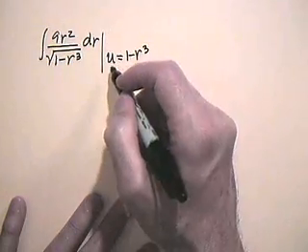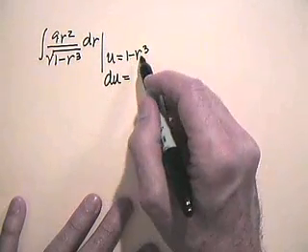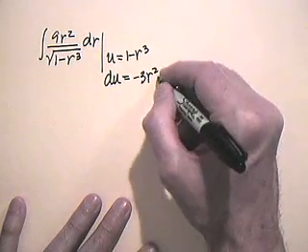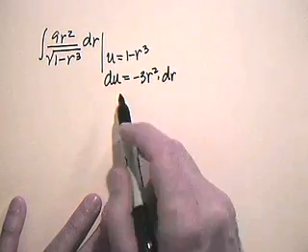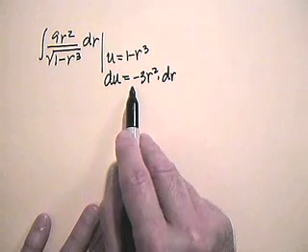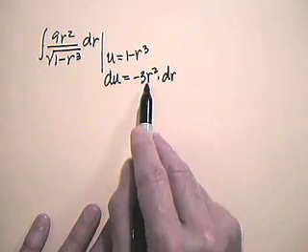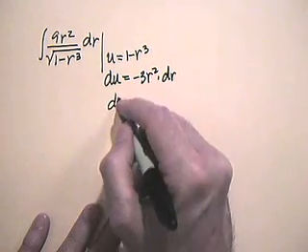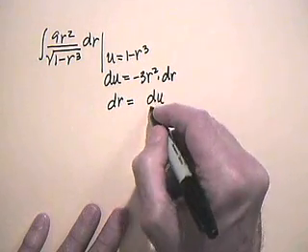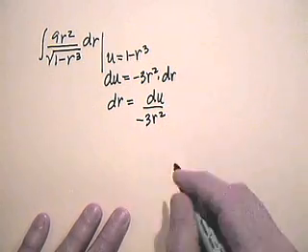Now when I do that, du is the derivative of 1 minus r cubed, that's negative 3r squared, times dr. That is, du dr is negative 3r squared. So now let's solve this expression for dr.